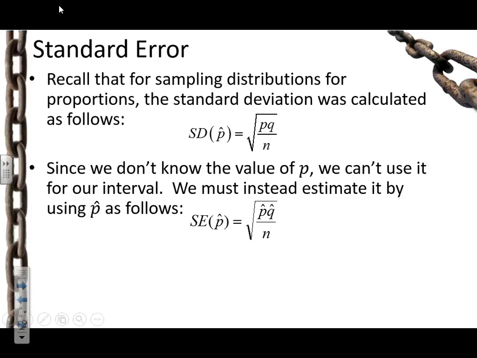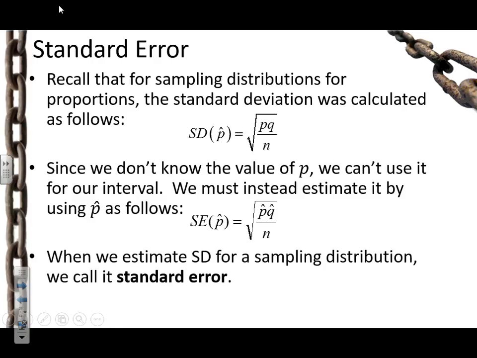P and Q are population values. P hat and Q hat are sample values. Okay? And like we said, this calculation that we're creating is not a standard deviation, it's now a standard error.